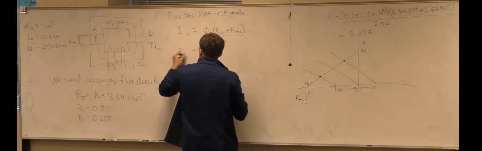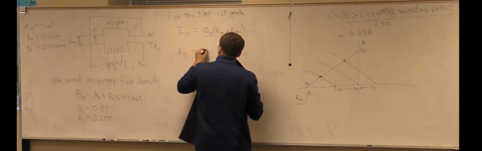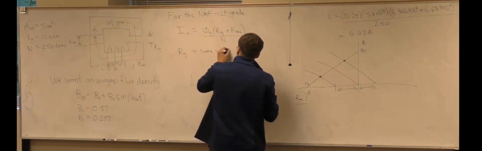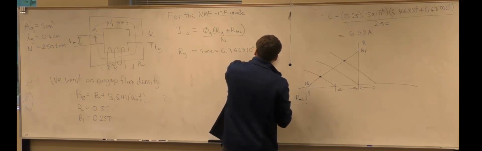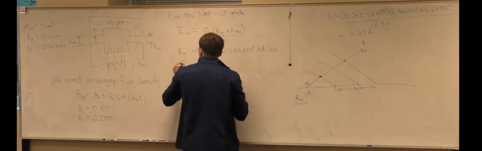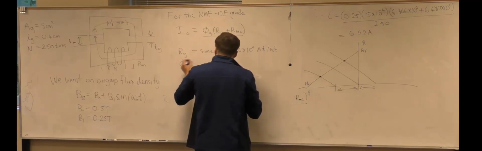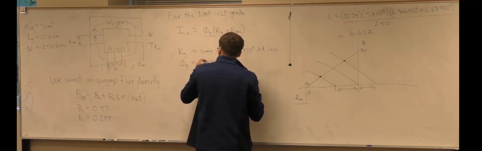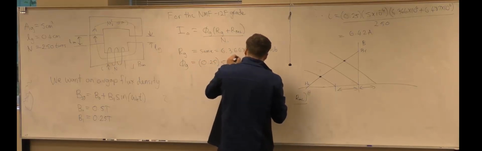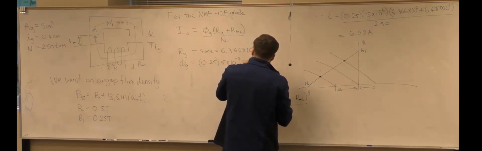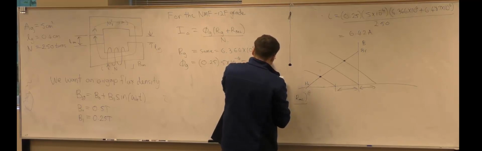Let me write this. So the RG is the same, which is 6.366 times 10 to the 6 amp turns per Weber. That doesn't change. The flux doesn't change because we're still wanting the same 0.25 Tesla. So that's the flux times the area, 1.25 times 10 to the minus 4 Webers.